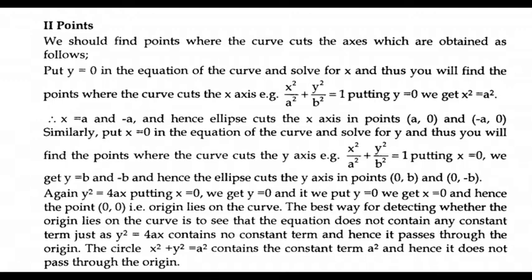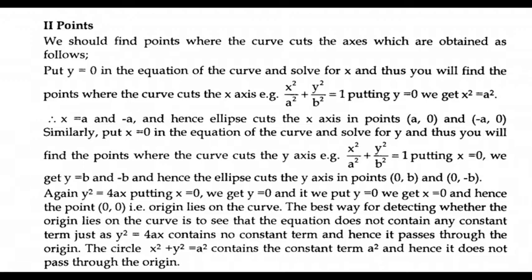What happens if x is equal to 0? y square is equal to 0 implies y is equal to 0. That is, when we put y is equal to 0, we get x is equal to 0. Therefore, the point where the curve cuts will be (0, 0), that is nothing but the origin on the xy axis. The origin is the vertex.